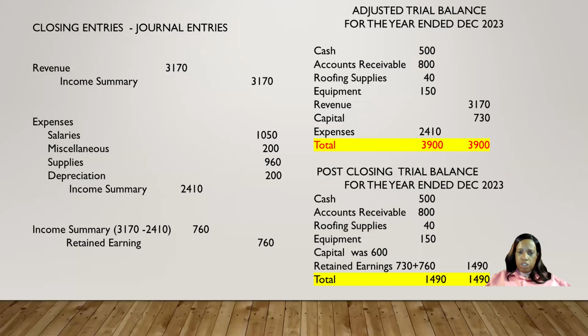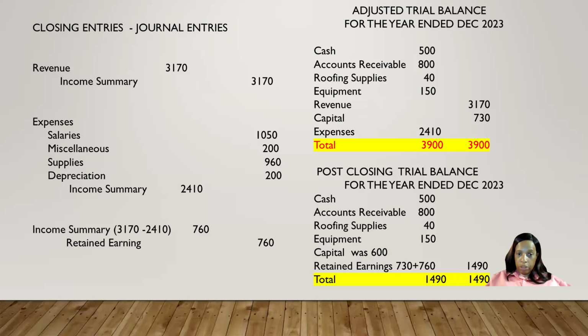Now, look at your adjusted trial balance. There are some accounts that we call permanent. Cash is permanent, accounts receivable is permanent, roofing supplies is permanent, equipment is permanent. What is temporary? Revenues and expenses. Everybody got that? So those are the ones that we're going to close out.